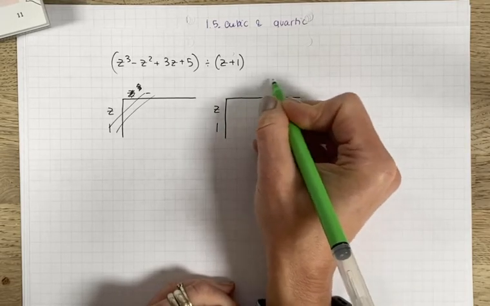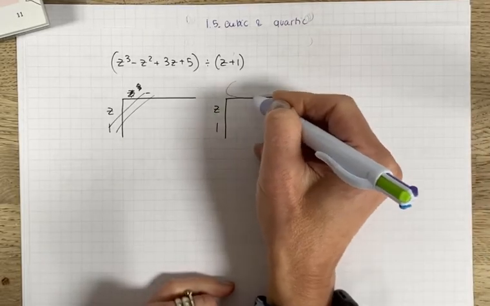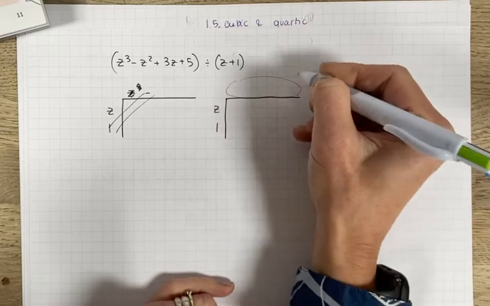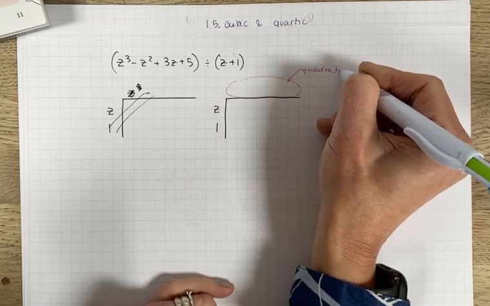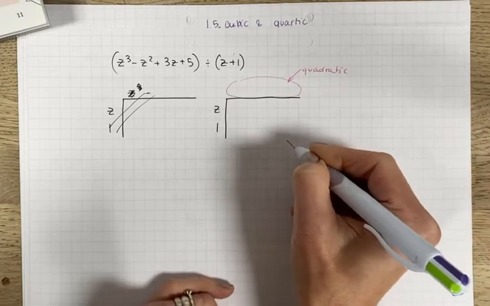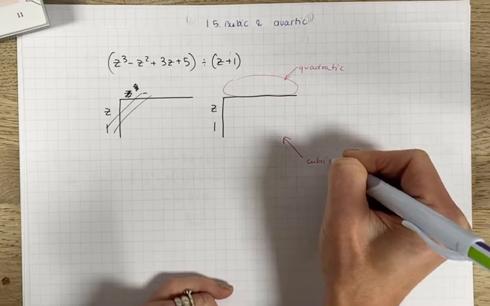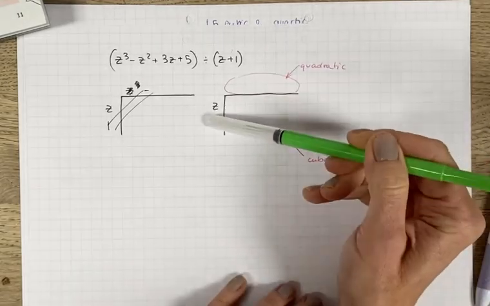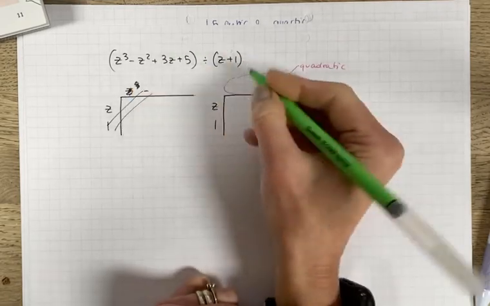Over here, I'm going to write the answer. So here is where my answer is going to go. So my quadratic. Now, in the middle here of the box, I'm going to put my cubic, because quadratic times this will give me cubic. So let's start filling in with the highest power of my cubic.